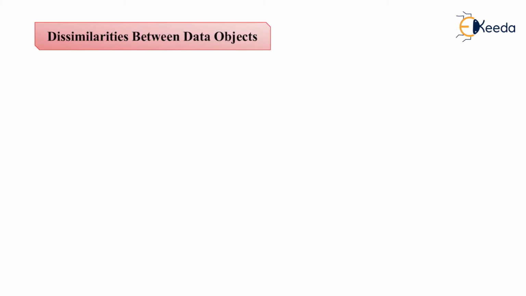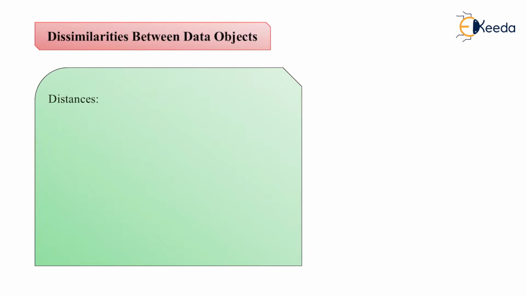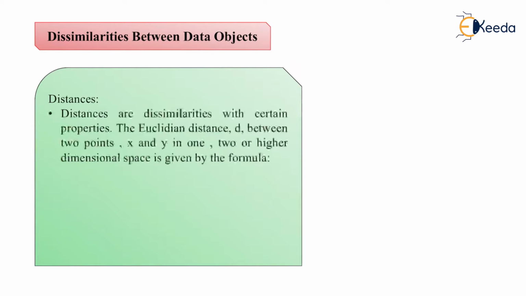Next, dissimilarities between data objects. So how do we do that? First is distance. Distances are dissimilarities with certain properties. The Euclidean distance, d, between two points, x and y, in one, two, or higher dimensional space is given by the formula d(x, y) = square root of the summation from k = 1 to n of (x_k − y_k)^2.